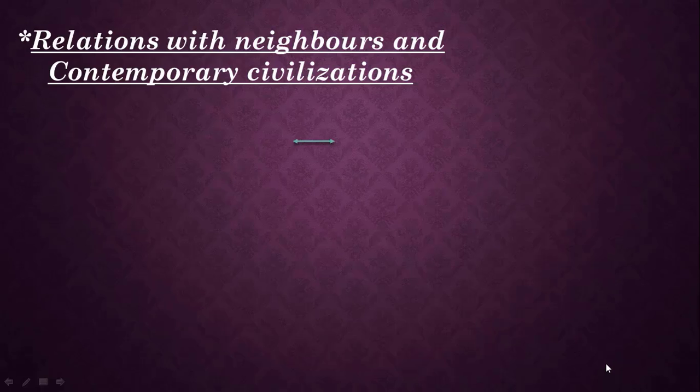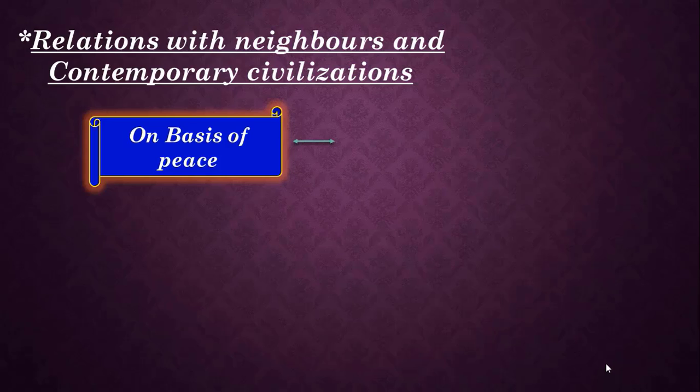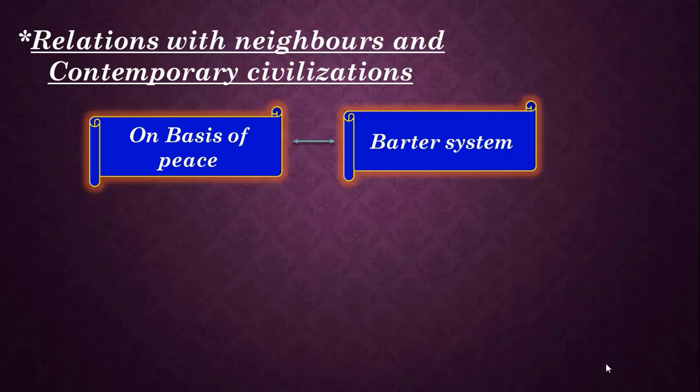Let's discuss the relations of Indus Valley people with neighbors and contemporary civilizations. The Indus Valley people maintained their relations with their neighbors on the basis of peace. Trade with neighbors was done under barter system.